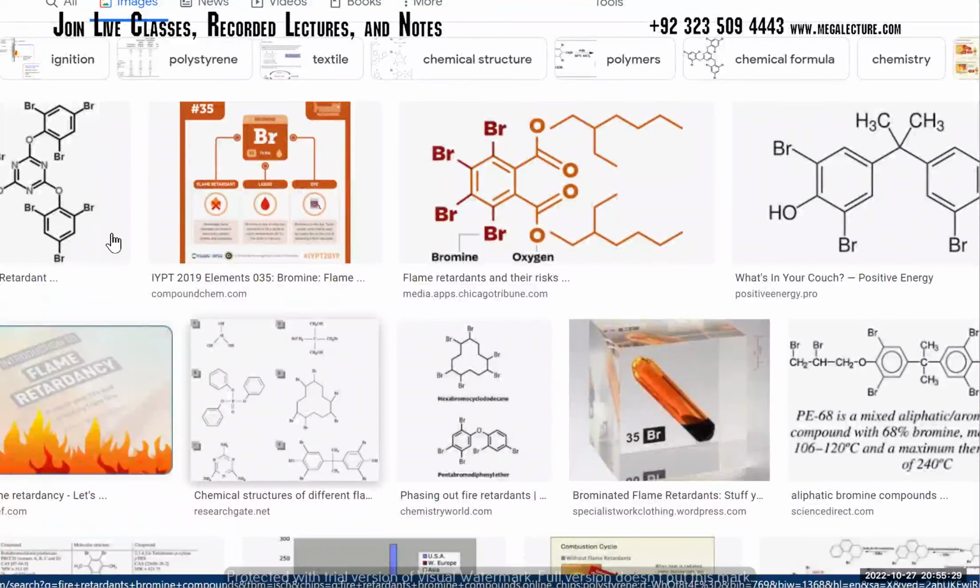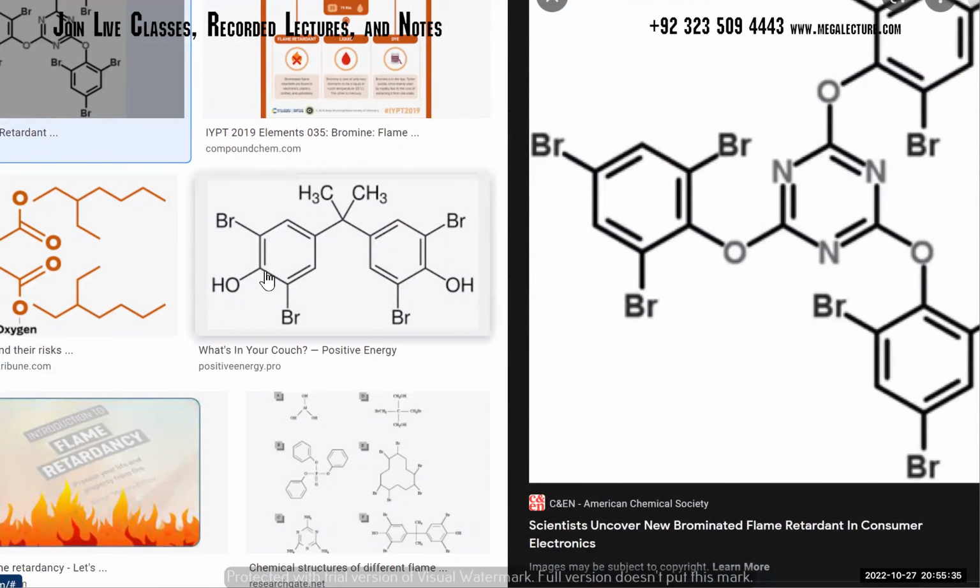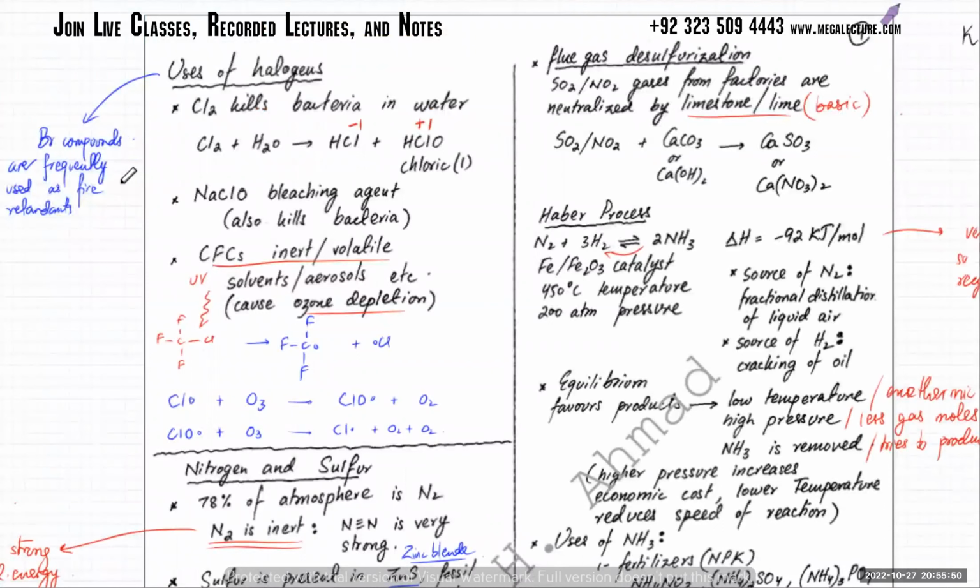I guess this one, this is what a fire retardant molecule looks like. A lot of bromine compounds are fire retardants. They act as very good fire retardants. This also needs to be remembered a bit. Bromine compounds are very good fire retardants. Is that clear?